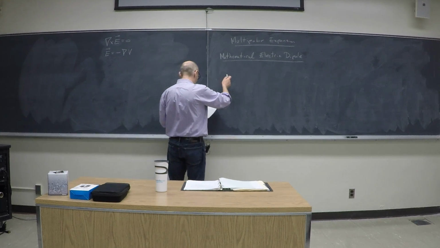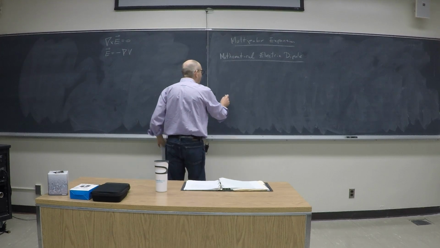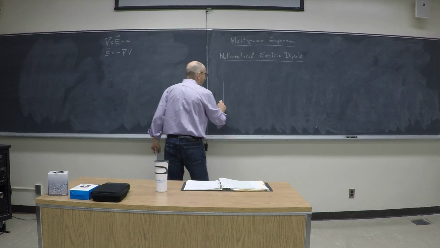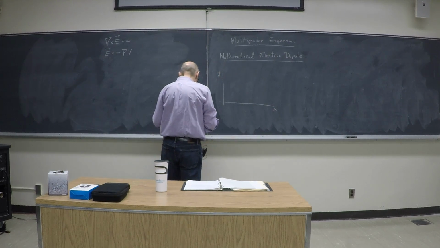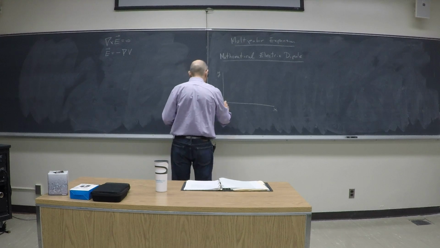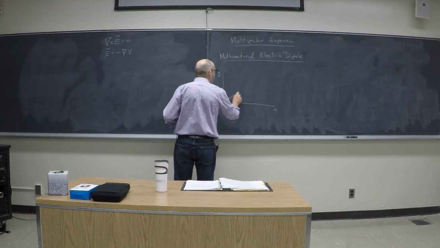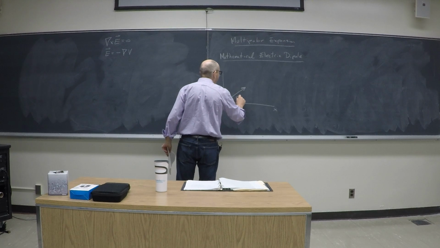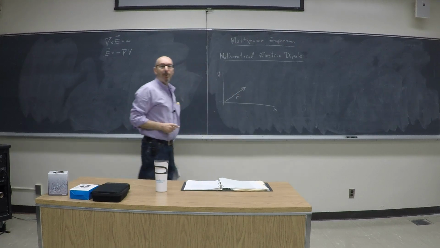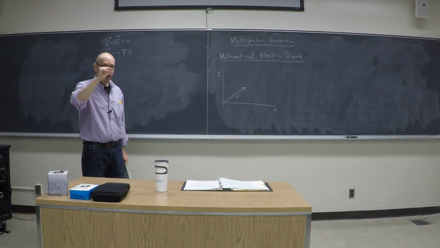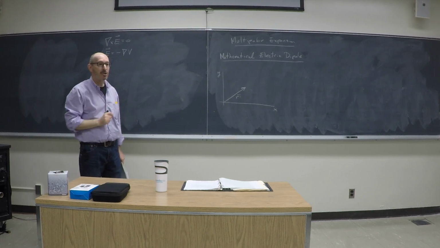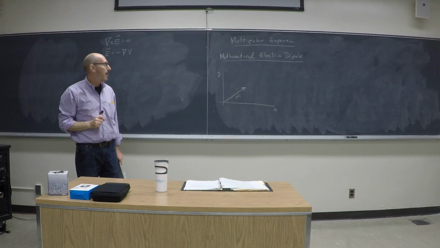Okay? So, all right. So let me then do the following. Let's take a frame of reference, x and y, and at location r prime, I'm going to locate my tiny dipole, which I'm going to actually exaggerate in the picture so you can see what I'm talking about.